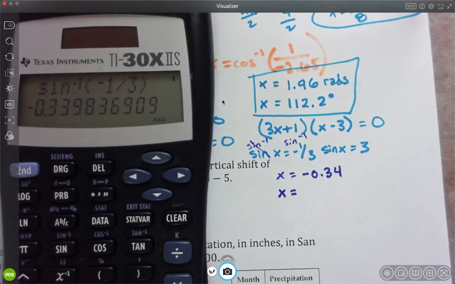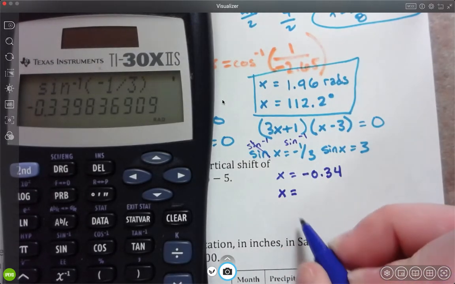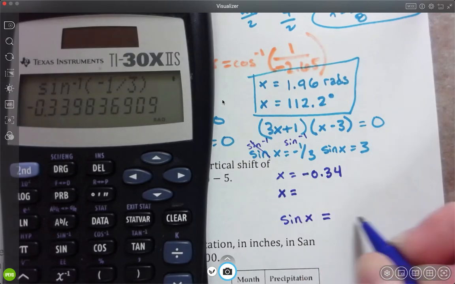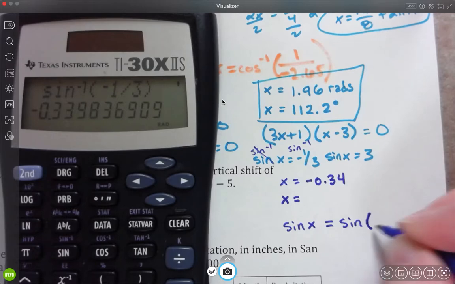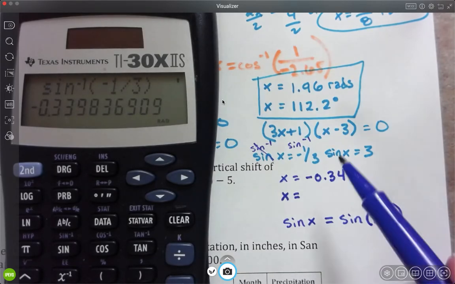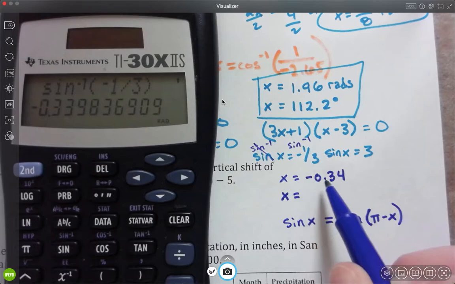Now, there is also another answer that my calculator is not giving me. How do I find that other answer? Well, it goes back to that identity where we said that sine of x is equal to sine of pi minus x. So I just take pi and subtract negative 0.34 to get my other answer.